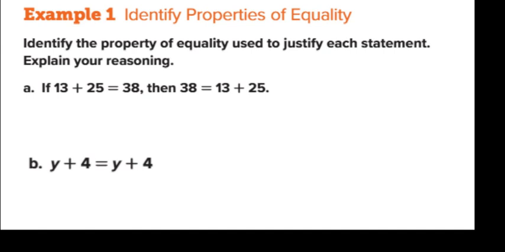It says if 13 plus 25 equals 38, so I will let 13 plus 25 be A, and I will let 38 be B. Then 38, which I said was B, equals 13 plus 25, which I said was A. If we look at the three properties that we had, it matches up with the symmetric property.